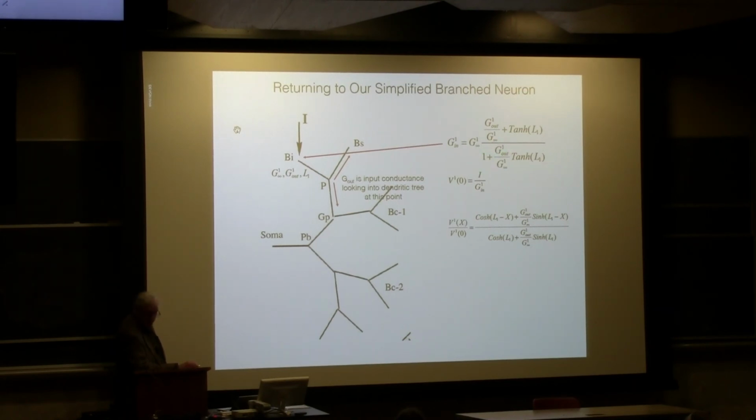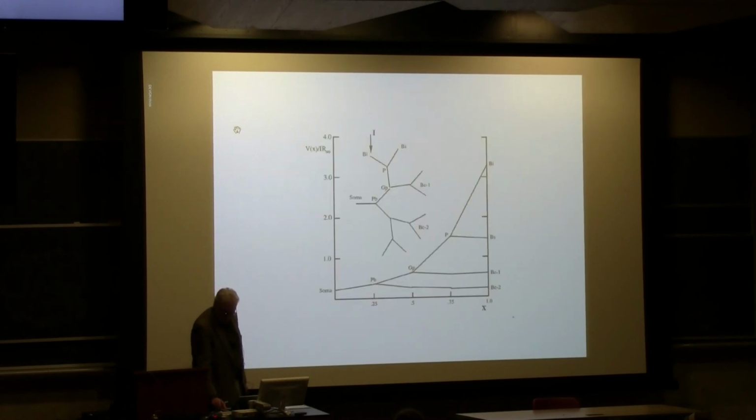And I talked a lot about that in the first lecture, right? The terminating conductance is the conductance looking into this cable and the conductance looking into the rest of this dendritic structure. So there's an iterative way to figure that out, but we can get it, and once we've got that input conductance here, we can compute V0, and then we can compute voltage anywhere along that cable. And we just keep doing this over and over and over again. Yeah, that's telling me it's time to stop almost.